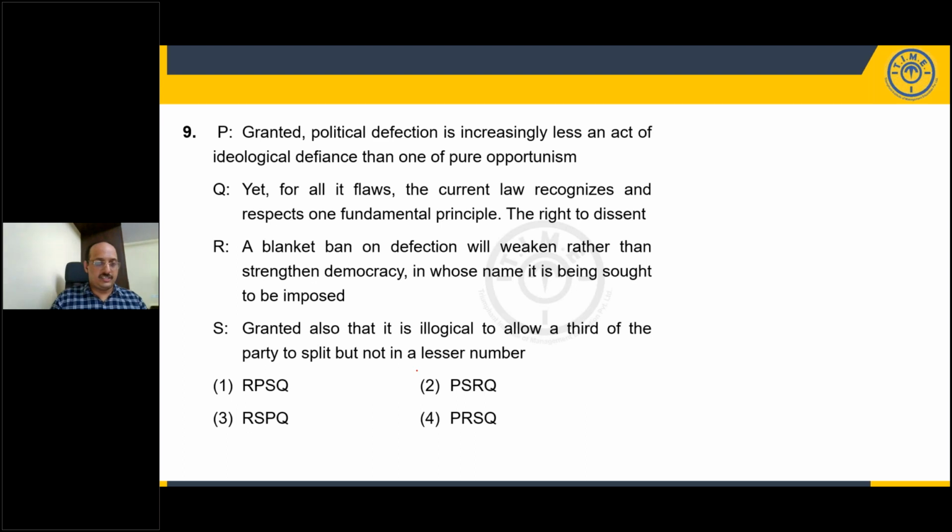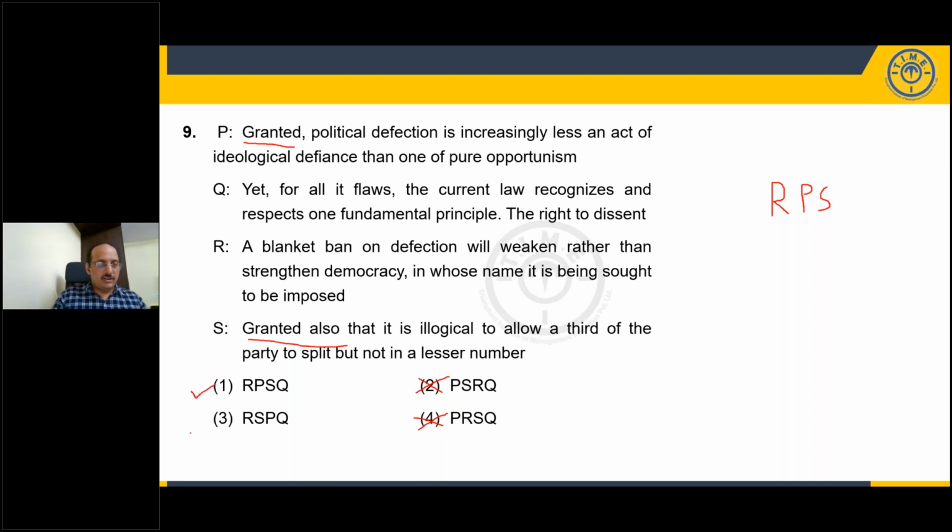So granted and granted also, which means P and S will come together. And can I say R will be my first line? Yes, because R defines the topic by talking about a blanket ban on defection. So 2 gets eliminated, 4 gets eliminated. My answer would be 1 between 1 and 3.